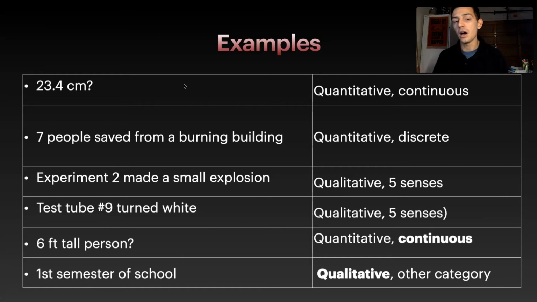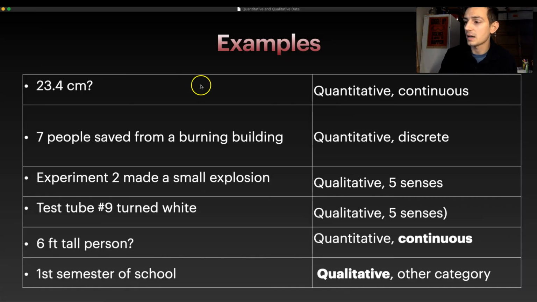So this would be ordinal data, but that's not as important right now. But really, just because it's a label, and it doesn't really have to do with the number itself, more just that it's a part of the school year, we would actually consider it qualitative data and one of those other categories. It's not a 5 senses, but it is something that you can state about that time of the year.